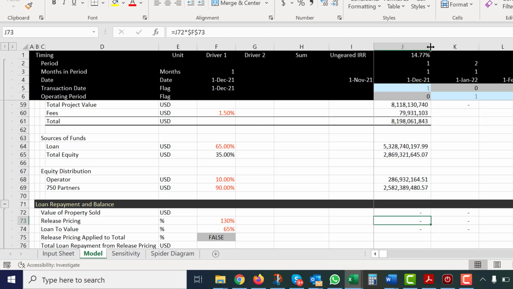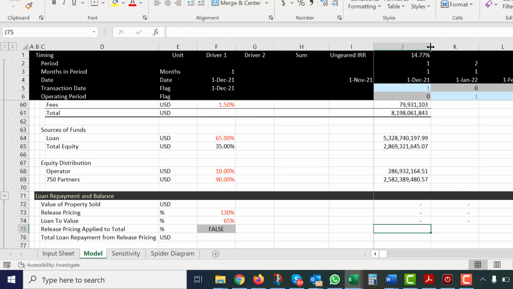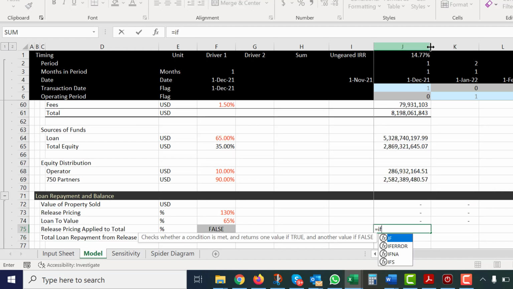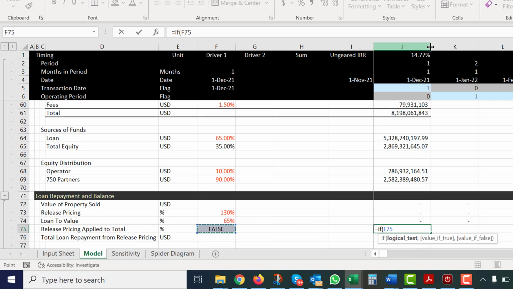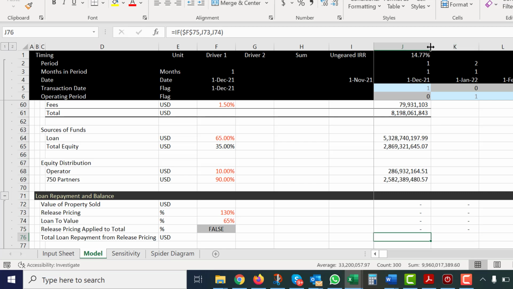So we're going to take 130% of our value and then apply it to the loan to value. Now, I don't know exactly which is the right one, so I put in an if statement. If this is true, then we're just going to apply the whole amount. Otherwise, we're going to apply the other one. So that's what you do with those sorts of things.